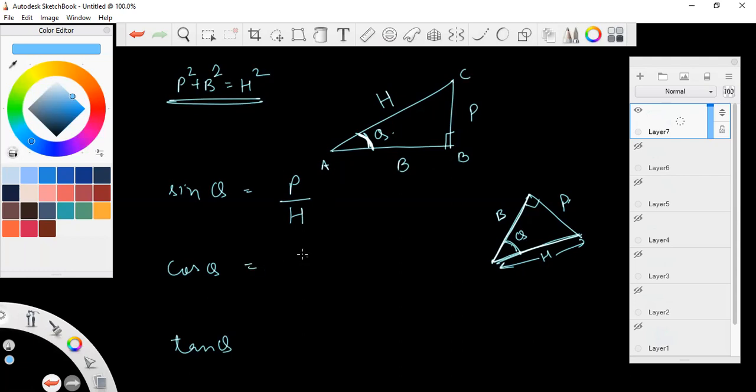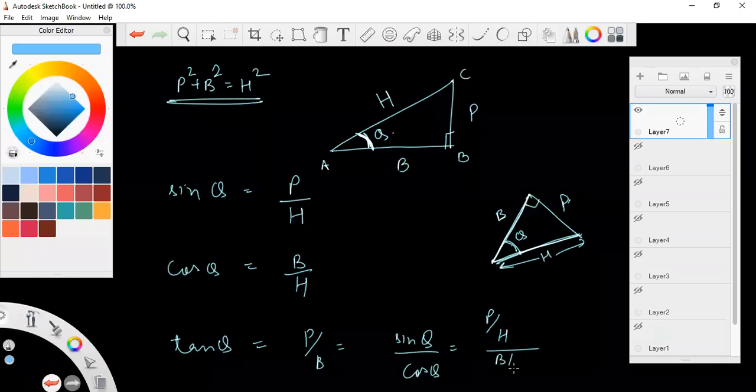Cos theta will be base by hypotenuse, and tan theta is perpendicular by base. Basically tan theta is sin theta by cos theta. So sin theta is P by H, and cos theta is B by H. So this is P by B. Is that fine? Yes, sir.